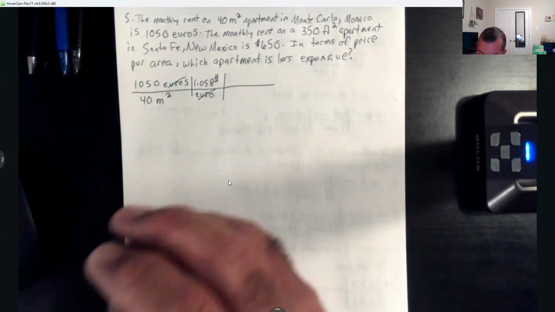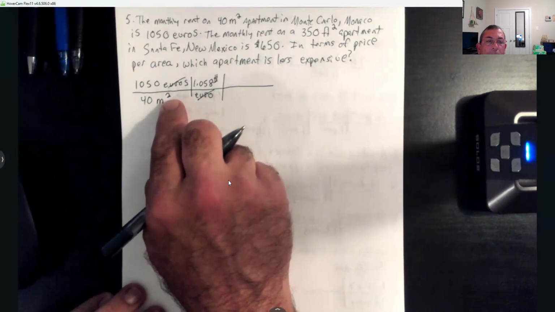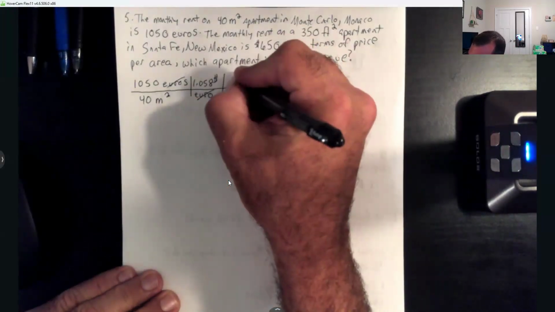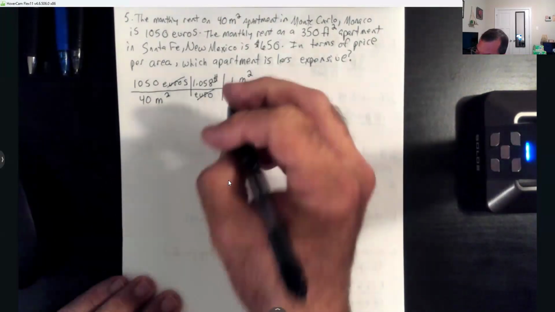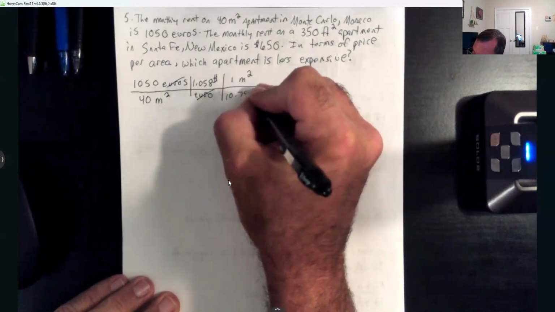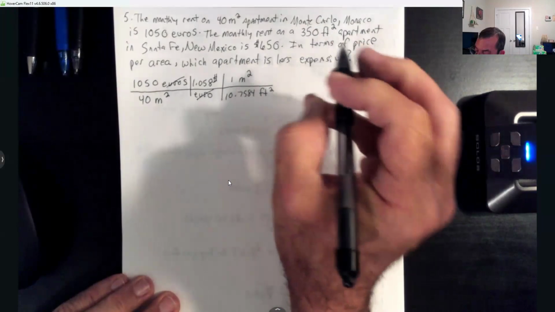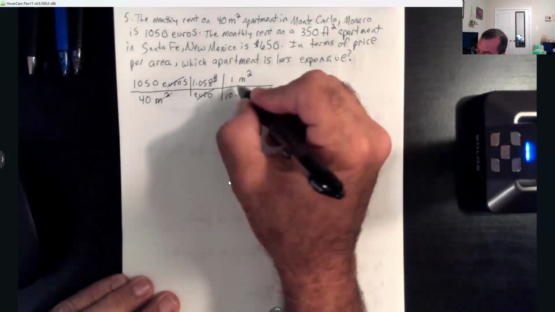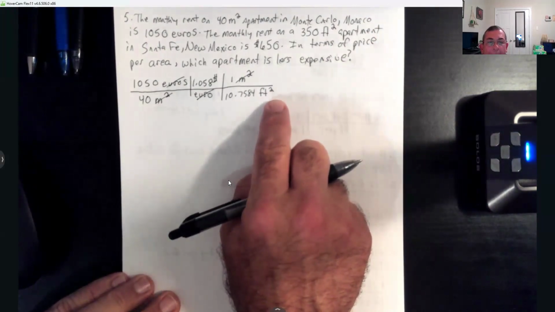All righty. So we said for every meter squared, notice the meter squares are on the bottom. So for every 1 meter squared, that equaled 10.7584 square feet. So y'all, the meter squares will cancel so that the feet squared are on the bottom like I needed.